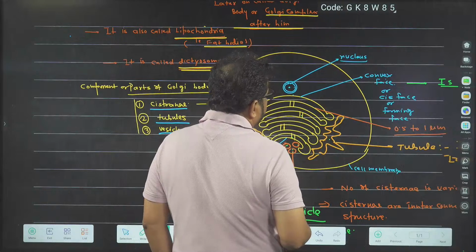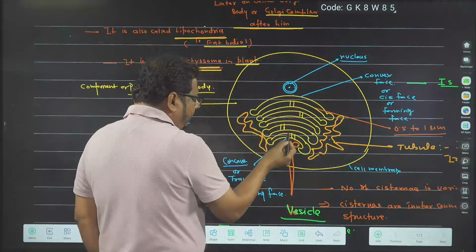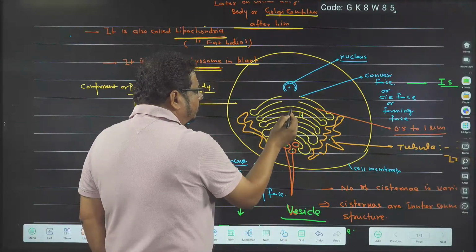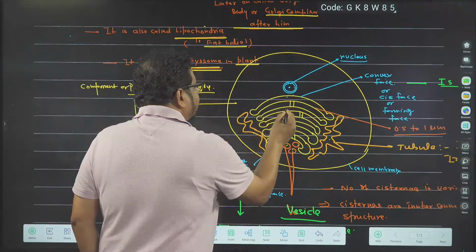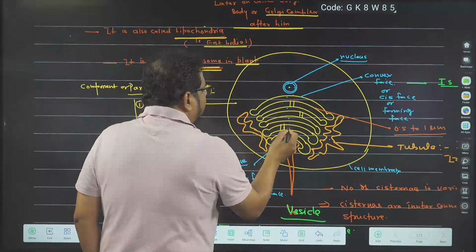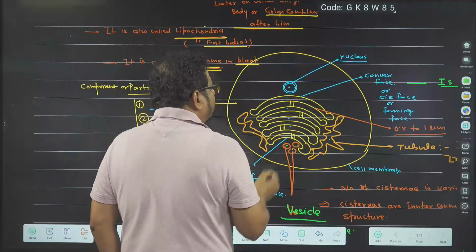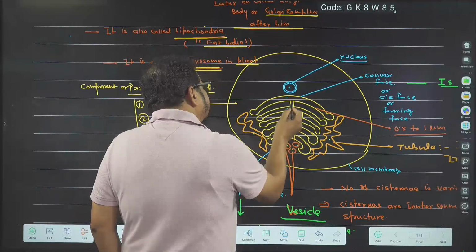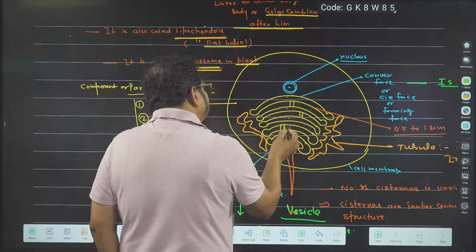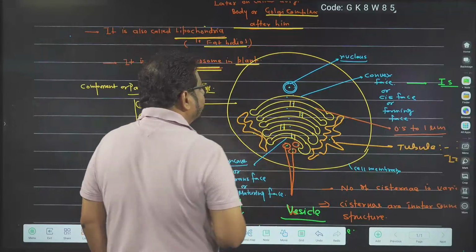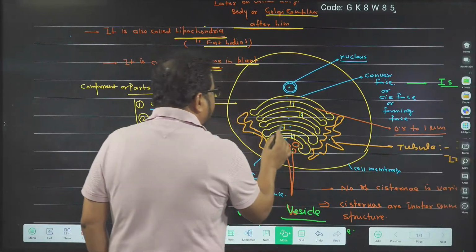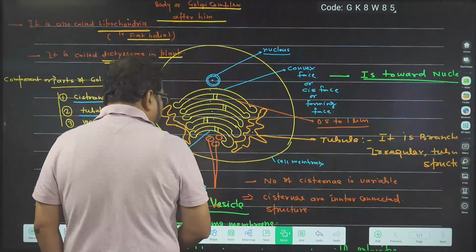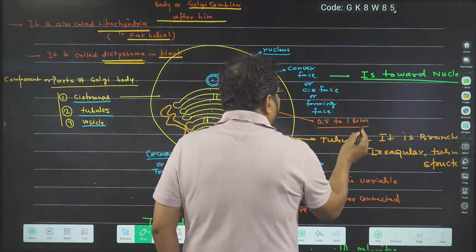If you talk about these cisternae, here first, here second, here third, here fourth, here fifth. These ring-like structures vary from Golgi complex to Golgi complex and they are interconnected. The diameter of this cisternae is 0.5 to 1 micron.